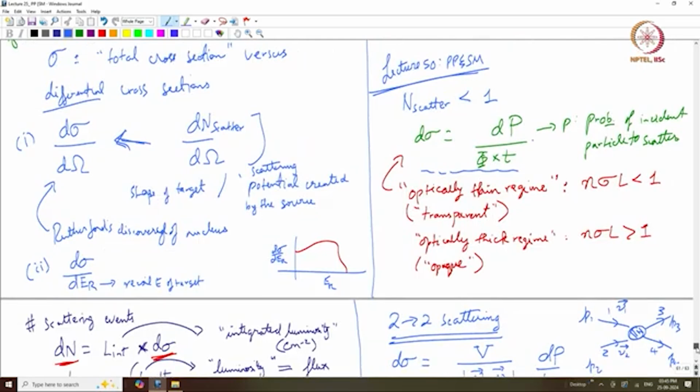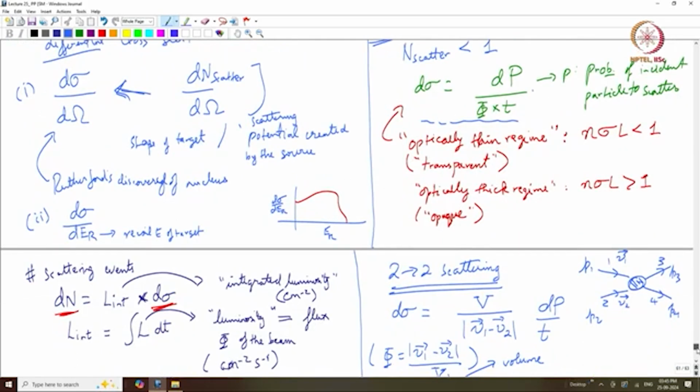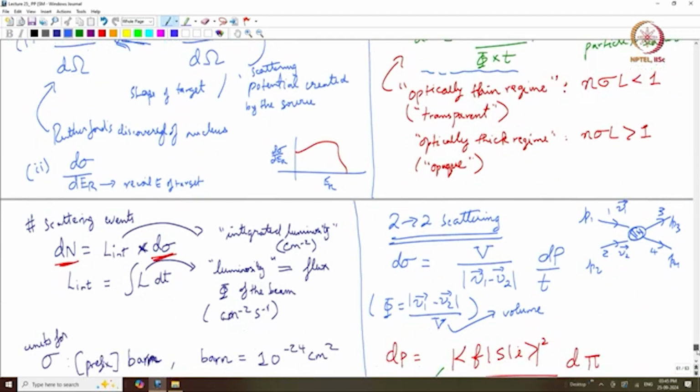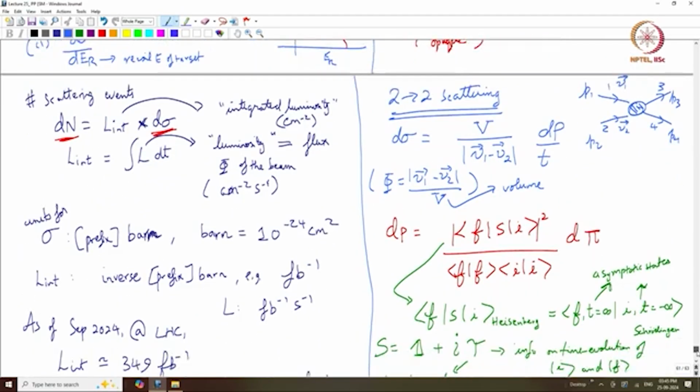Now, having written down the differential cross section this way, we took a little digression to note that it gives rise to the notion of the integrated luminosity in a collider setup, which will tell you how many events you can actually measure in some differential way if you want, in a particular solid angle or in a particular energy bin and so on.